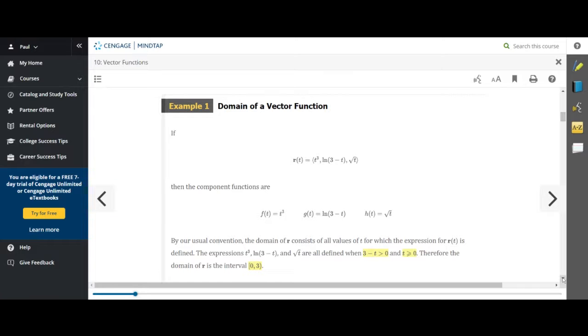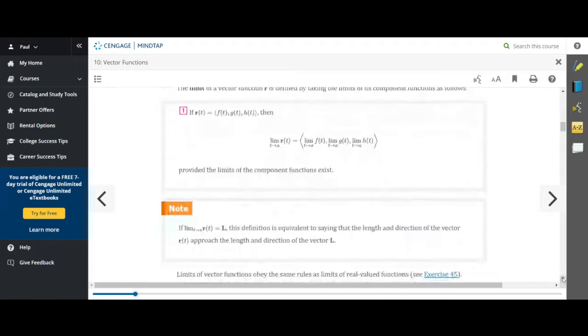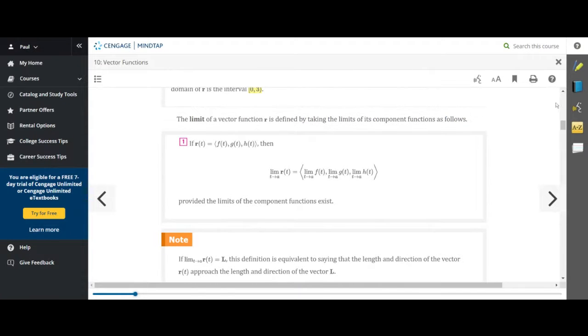All right. Of course, you can define the limit of a vector function. If we're talking about limits of a vector function, what do you think is going to be coming up with vector functions?